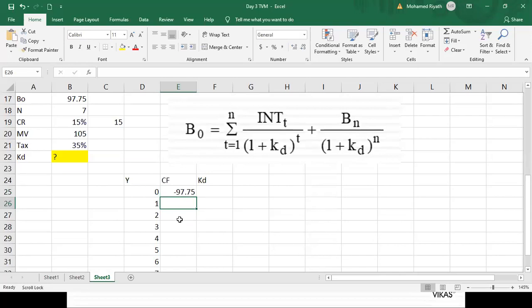And at the end of year 1, how much will you receive on that investment? Once you purchase this bond, how much interest will you receive at the end of the first year? How much? Isuru Fernando, how much?